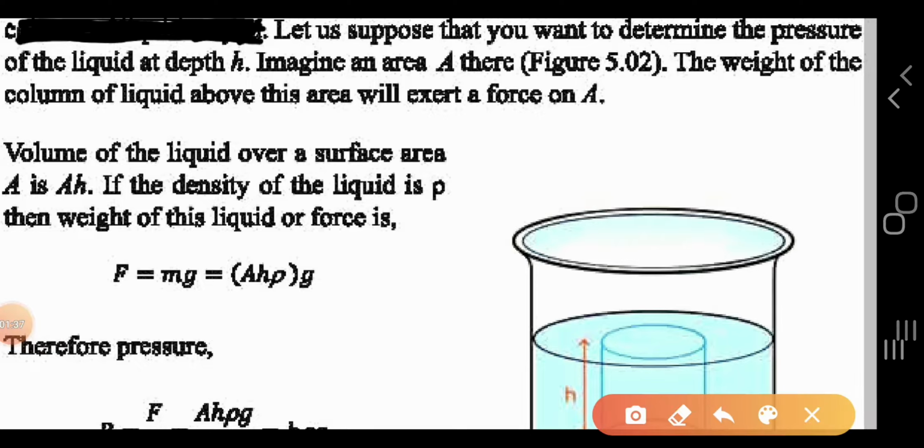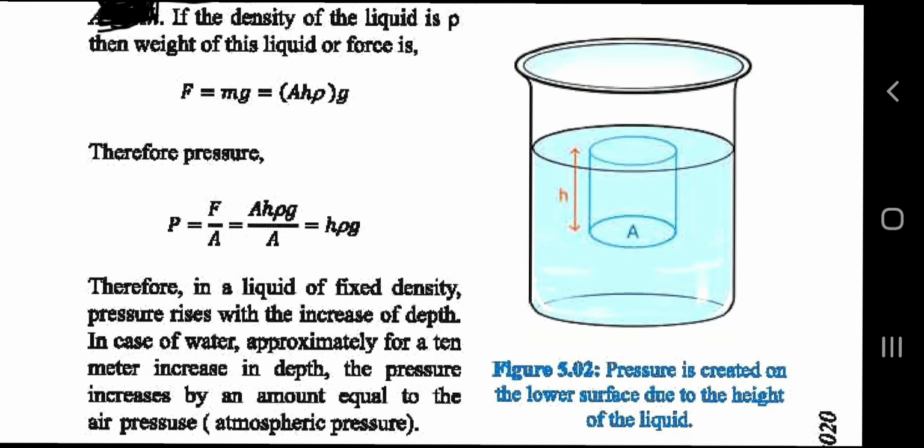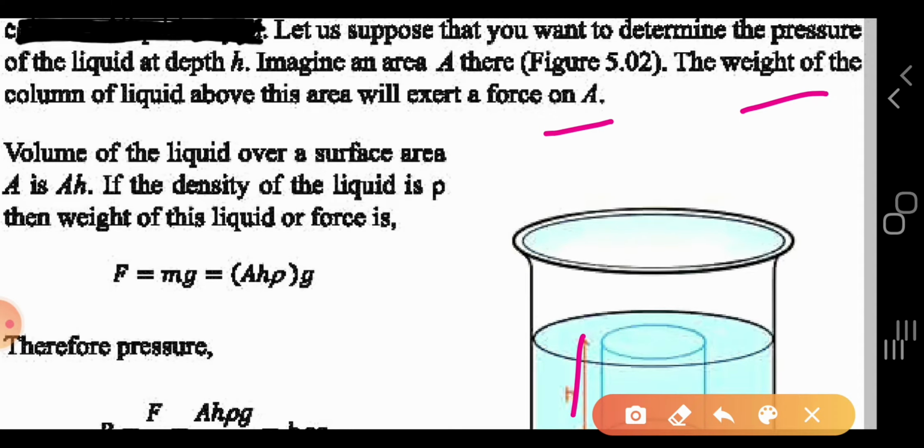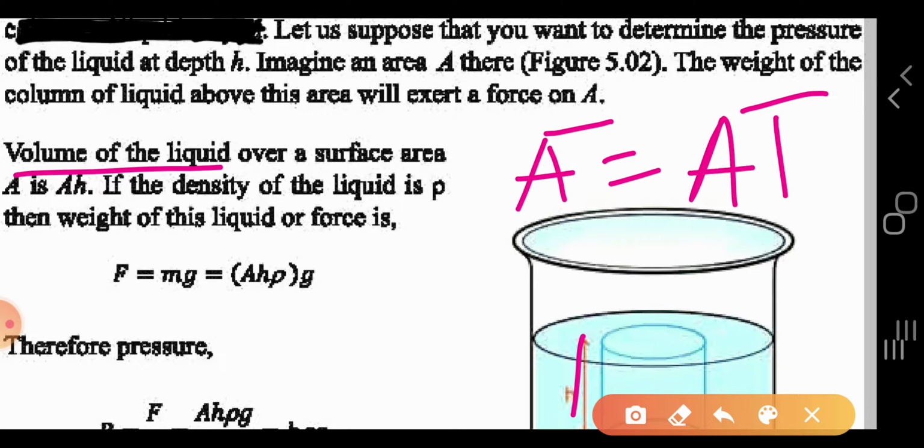Let us suppose you want to determine the pressure of the liquid at depth h. Imagine an area A, as in the figure given. The weight of the column of liquid above this area exerts a force on A. The volume of the liquid over the surface area A is Ah.